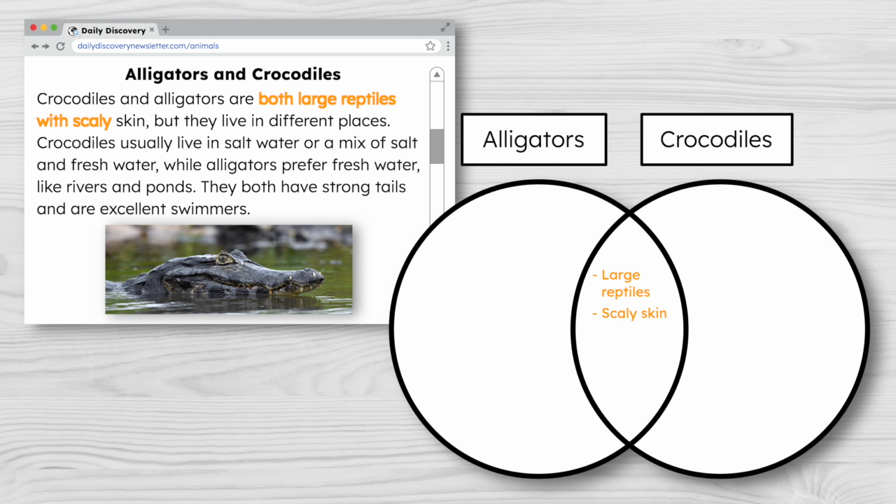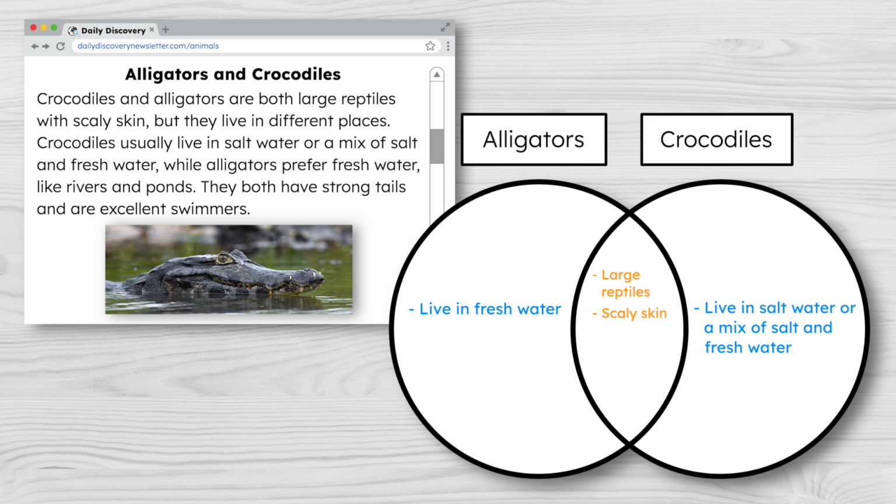Then I see the word but. That's a clue that a difference is coming next. The author explains that crocodiles live in salt water or a mix of salt and fresh water, while alligators live in fresh water. While is another clue word you'll often see between facts when the author is contrasting two things. We'll write these differences in the outside circles.